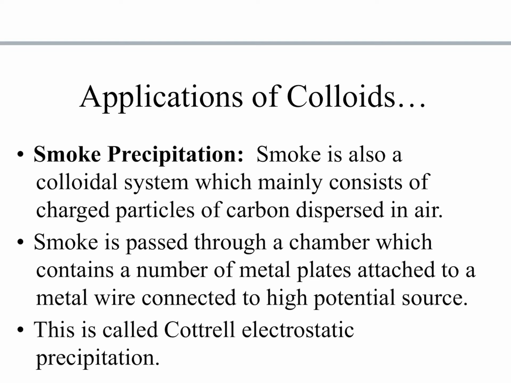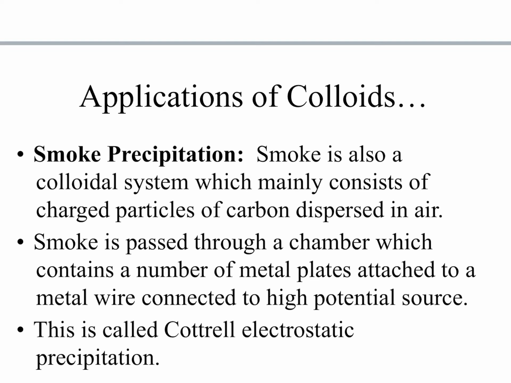These metal plates and metal wire are maintained at a very high voltage, around 30,000 volts. This is called the Cottrell electrostatic precipitator.